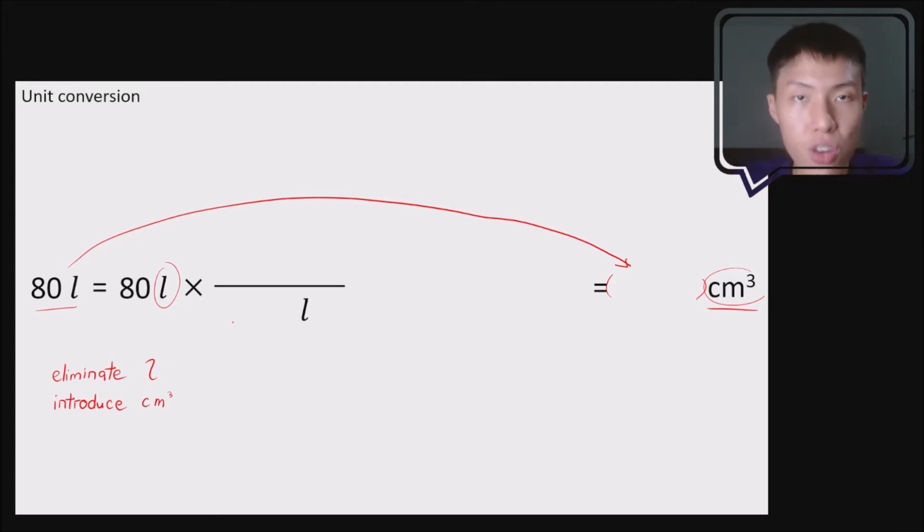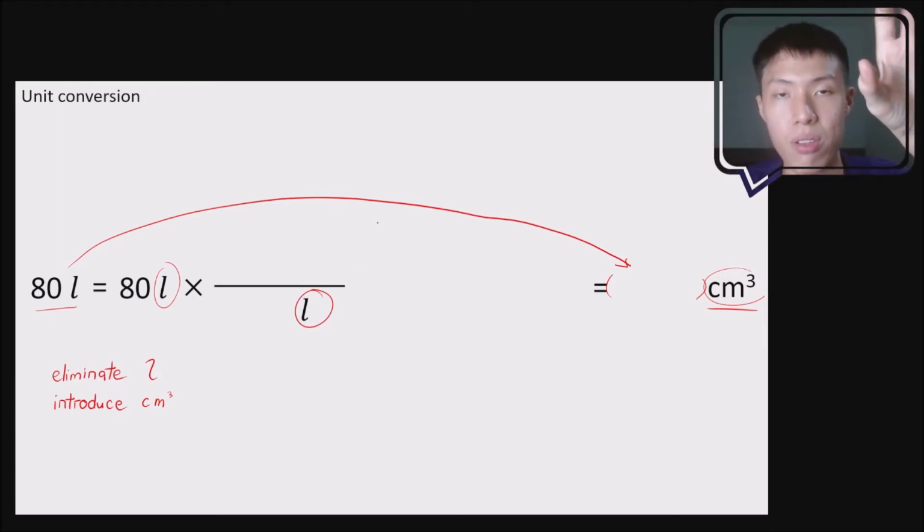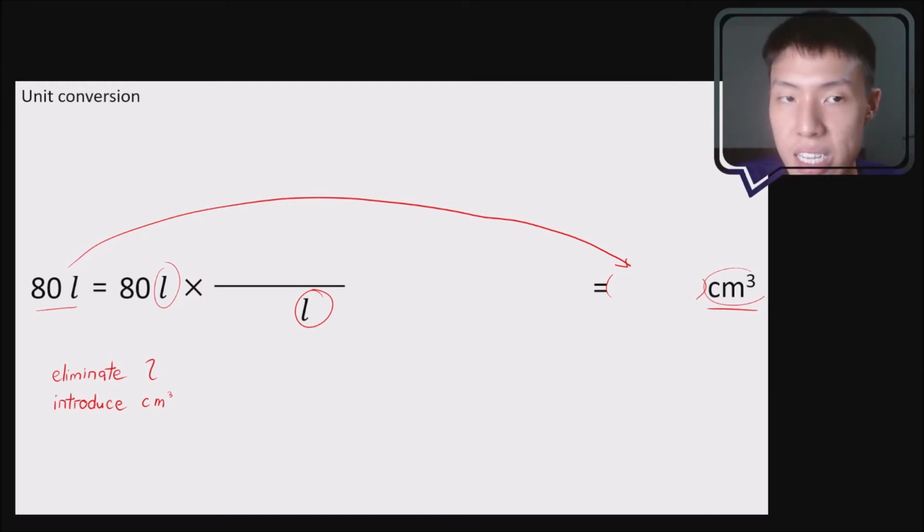So we have to try to kill off this liter. How do we kill off this liter? By having something below over here so that they can cross each other out. Because one is up on the fraction, one is down on the fraction, these two liter units can cancel each other out. That's how we decide where I should put the liter.